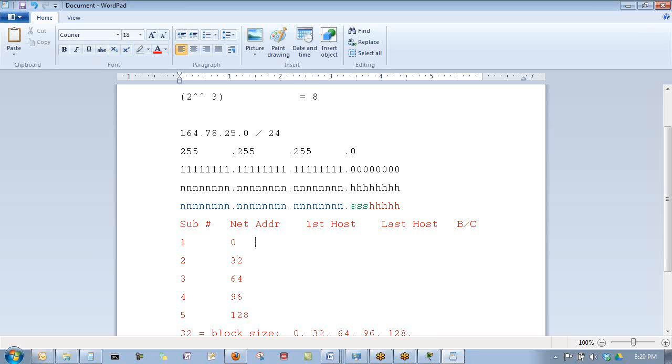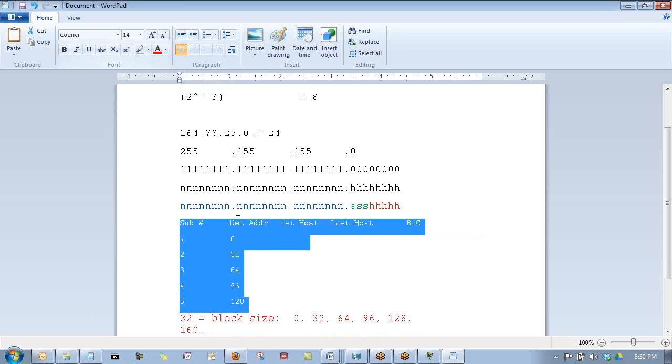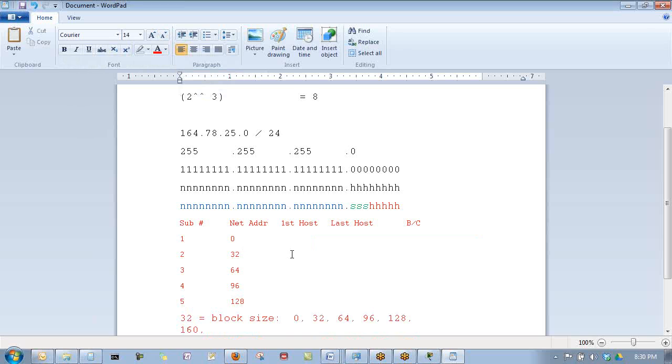Again, what's my first host address? 1. On my second subnet, what is my first host address? 33.